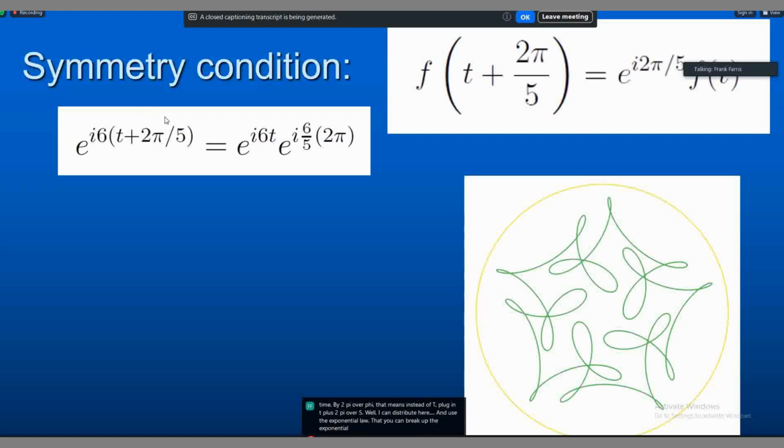A sum in the exponent translates to multiplication of the exponential functions. And I'm going to get e to the i 6t, which is where I was before, times this little leftover piece, 6/5 times 2 pi. I want to write that as 1 times 2 pi plus an extra fifth of 2 pi.